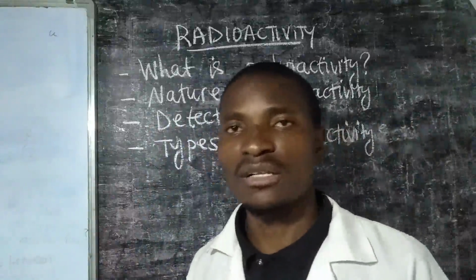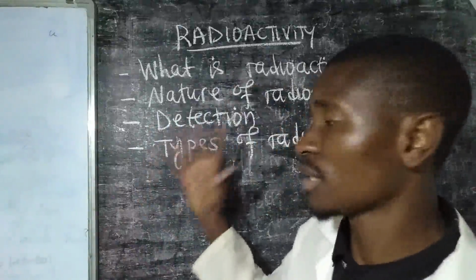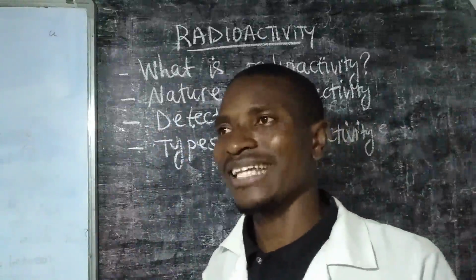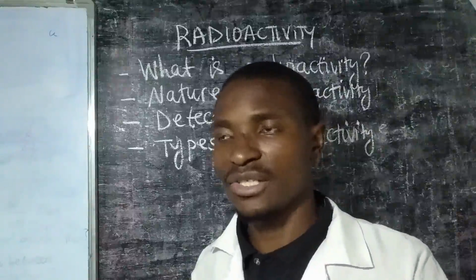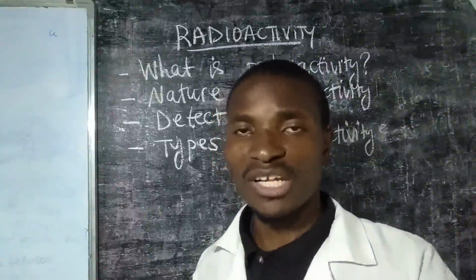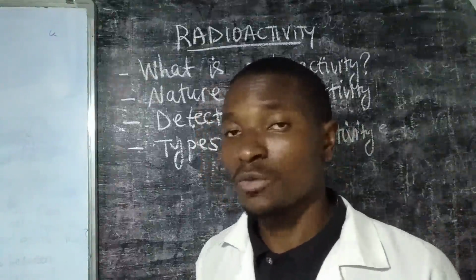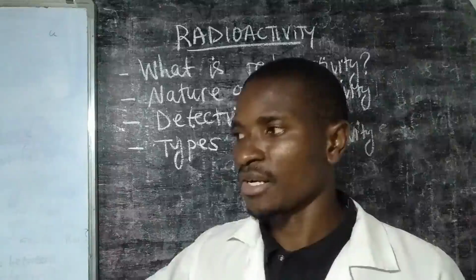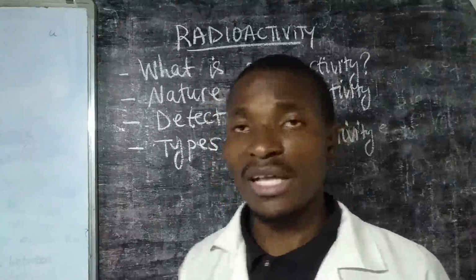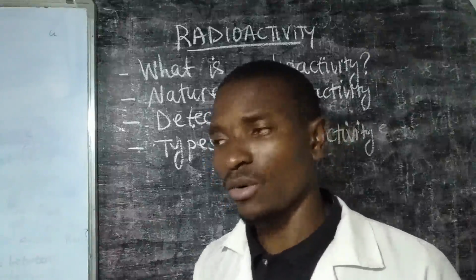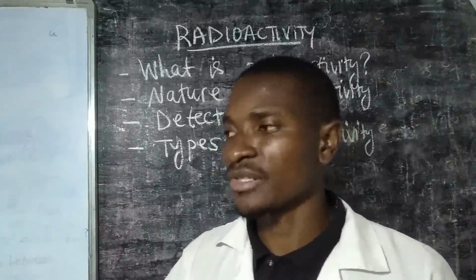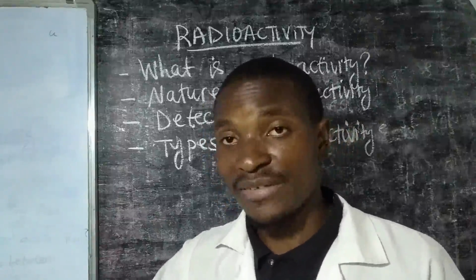The nature, the detection. Of course, one of the most common detectors of radioactivity is the GM, or Geiger-Muller counter, which is one of the famous instruments used to detect that there is a source producing radiation, or that some random processes are occurring, radioactivities are occurring.